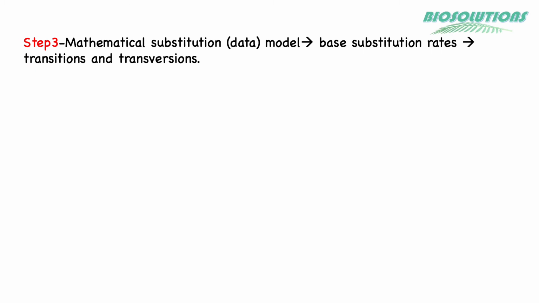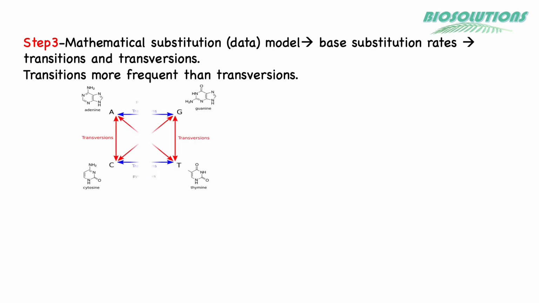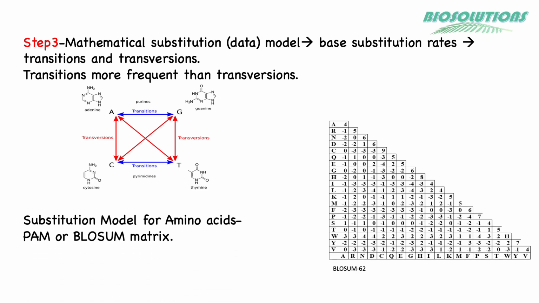Step 3. We use mathematical substitution data models to calculate base substitution rates. We take into account the rates of transitions and transversions, as transitions happen more frequently than transversions. For proteins, we use substitution matrices like PAM or BLOSUM, which derive amino acid substitution rates from observations.